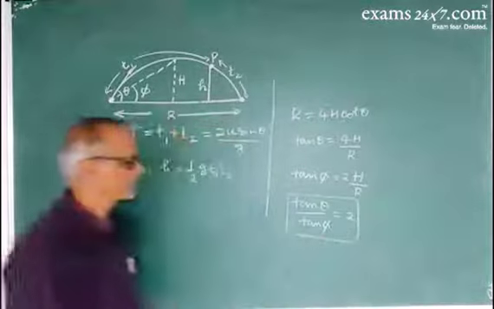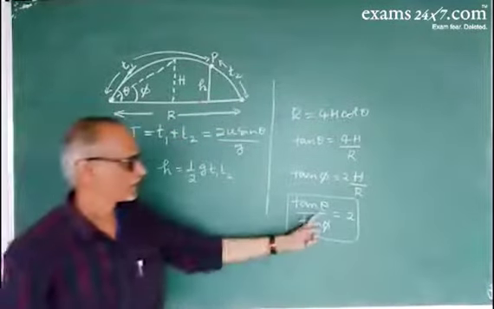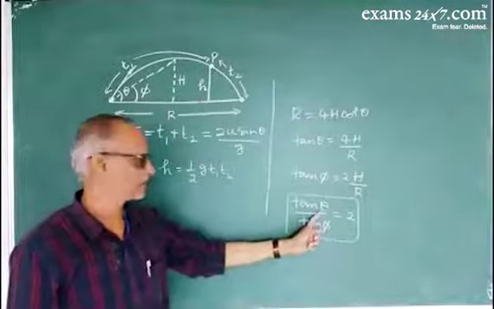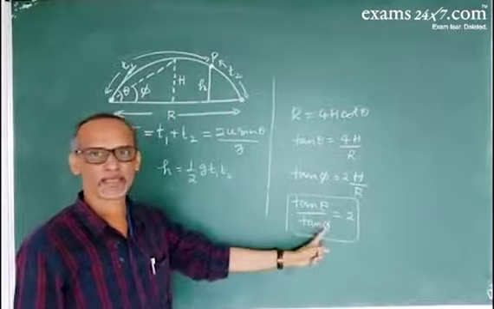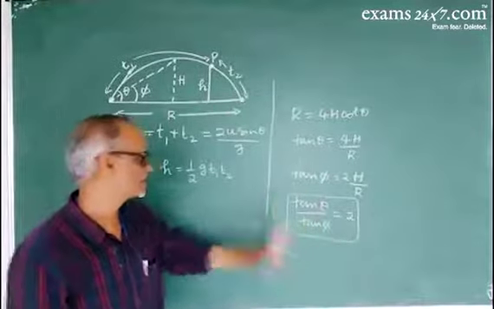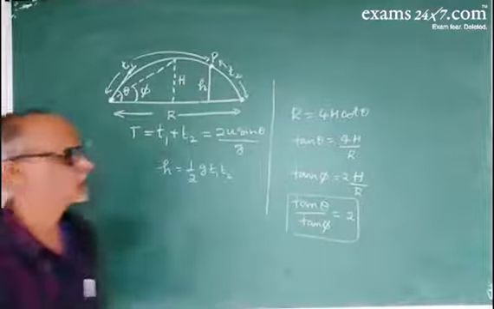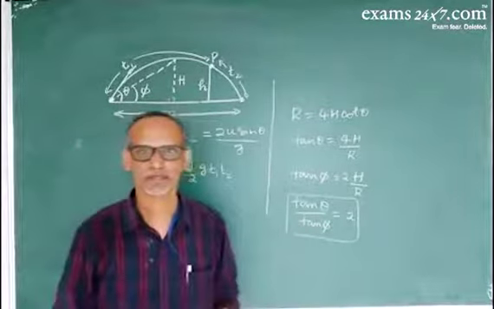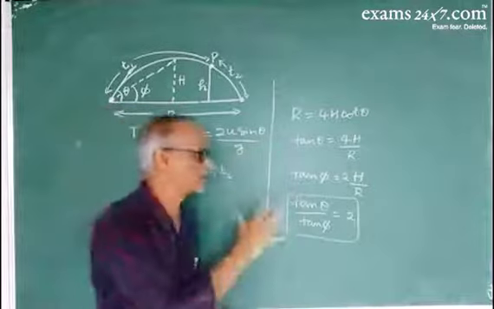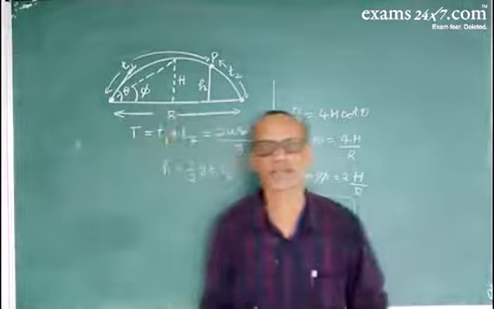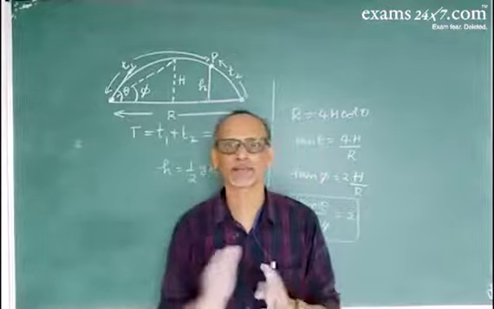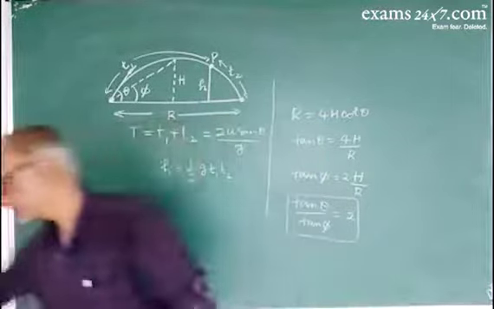So that's the relation between the angle of projection and the angle of elevation. The ratio will always be equal to 2. This is one more important concept, and what you need to remember in most of these diagrams is the final relation between the various variables.